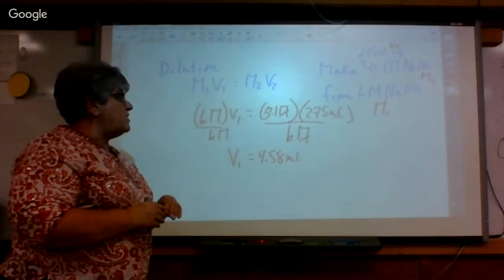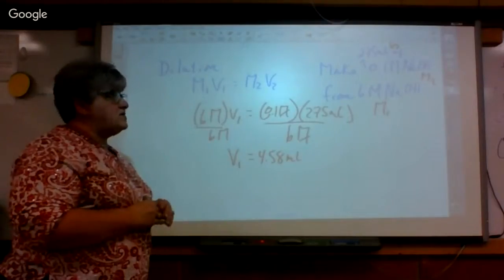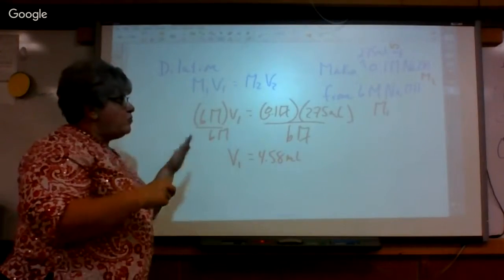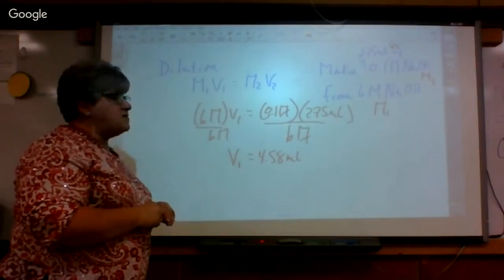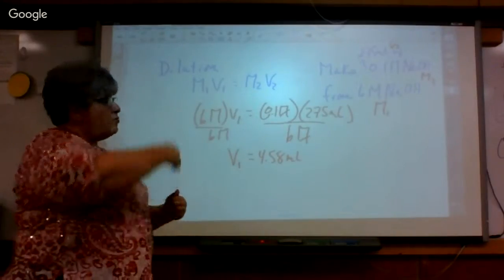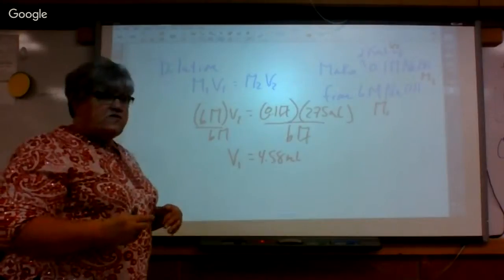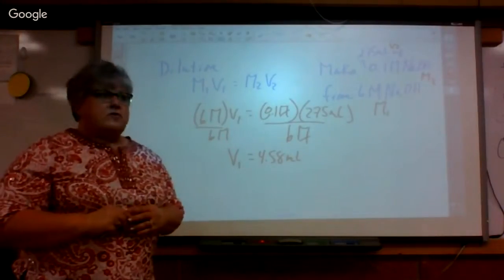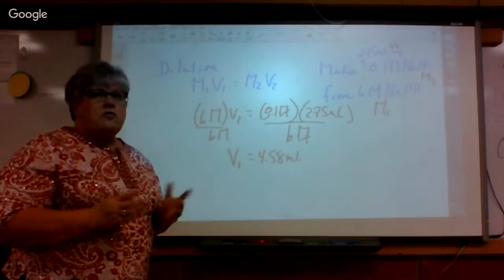and put it into a 275 milliliter flask. We're going to fill that half full, put in our 4.58 milliliters of the 6 molar solution, bring the volume up to 275 milliliters, and you've got your 0.1 molar solution in 275 milliliters. Okay, so a dilution.